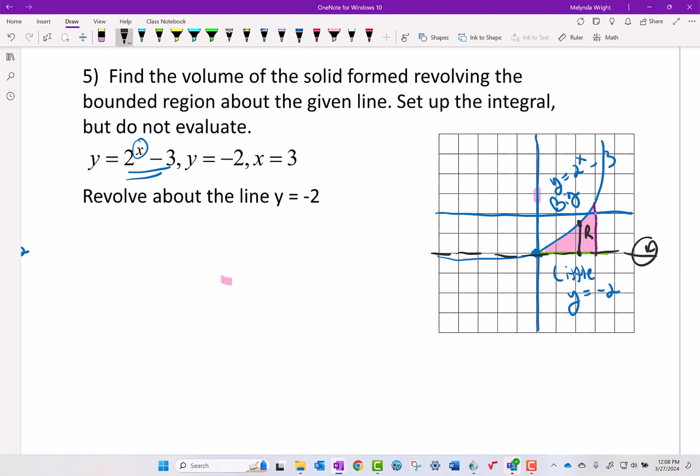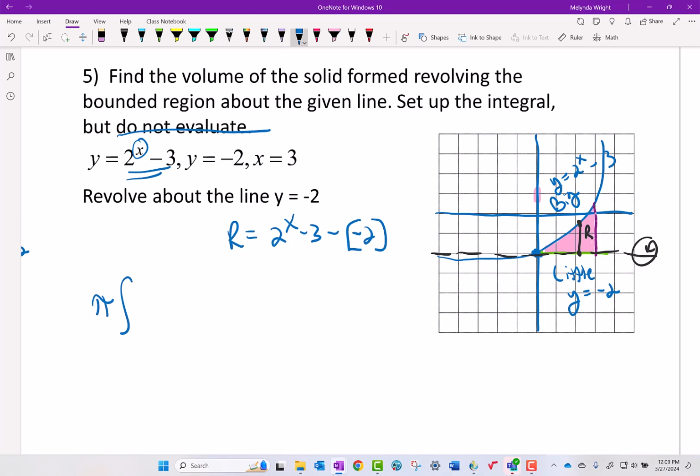See how we're doing the same thing over and over again? I hope that really resonates with you, and you can just take this and run. So my R is going to be big, which is 2 to the x minus 3, minus little, which is negative 2. That's my R. And they don't want us to evaluate this, so we're just going to write it out. Pi integral.